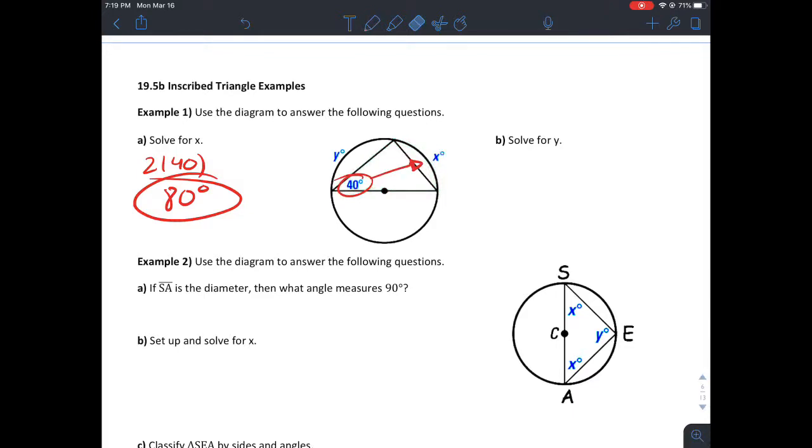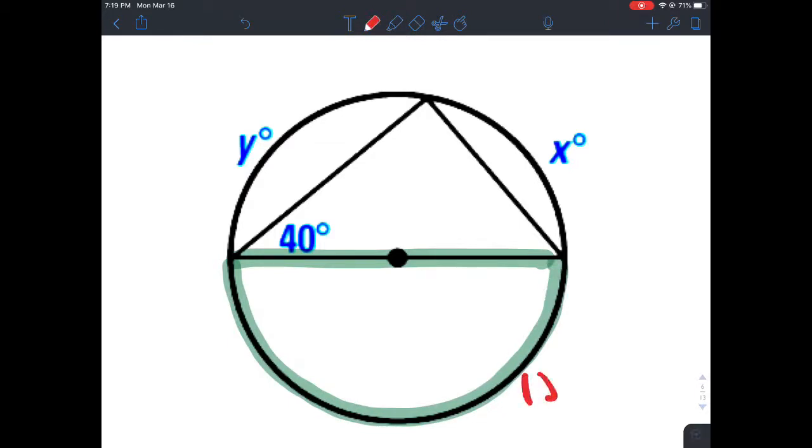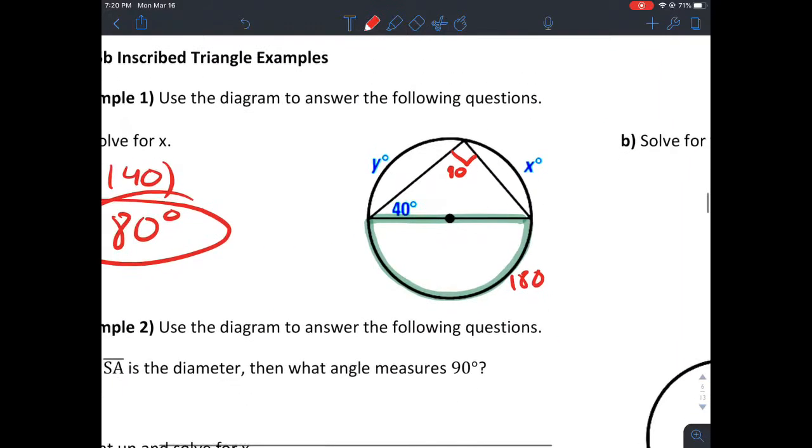Now this next part's a little tricky, and it requires you to keep in mind what we just learned. If we look at this triangle, this diameter is the hypotenuse, right? So that means that this semicircle here is equal to 180, which makes this intercepted angle equal to 90.